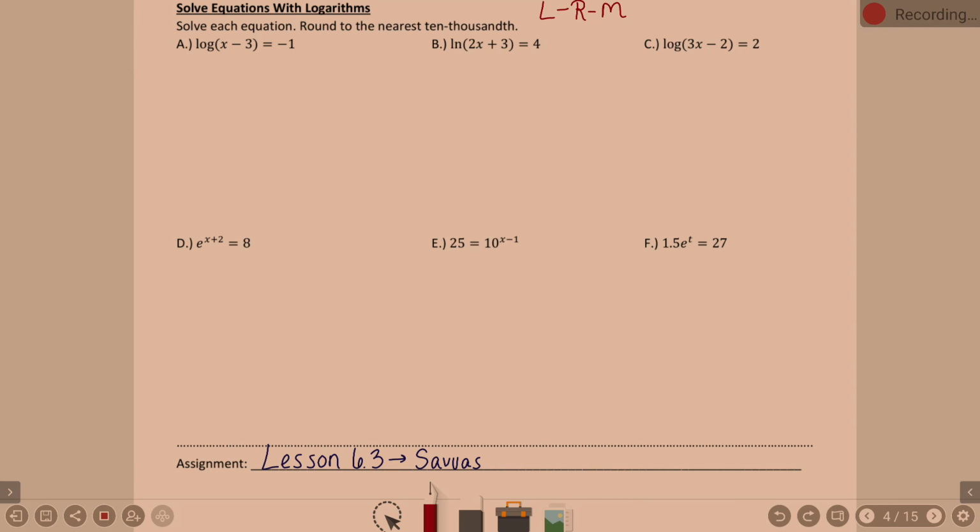Left, right, middle. Now, when we say left, right, middle, what do we have to know about this log? What base is this log? There's no base written in, so we assume it is implied that this is base 10. There's an invisible 10 there. So, when we learned left, right, middle yesterday, what does it say?